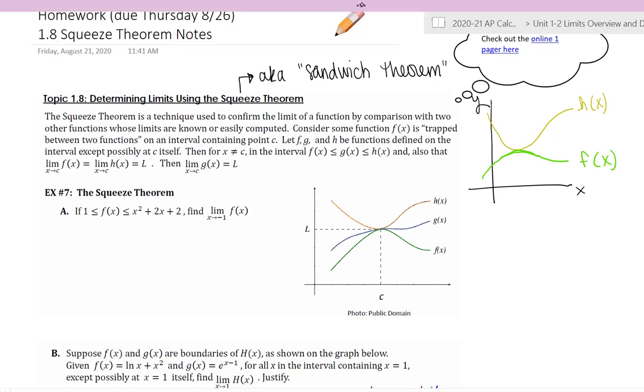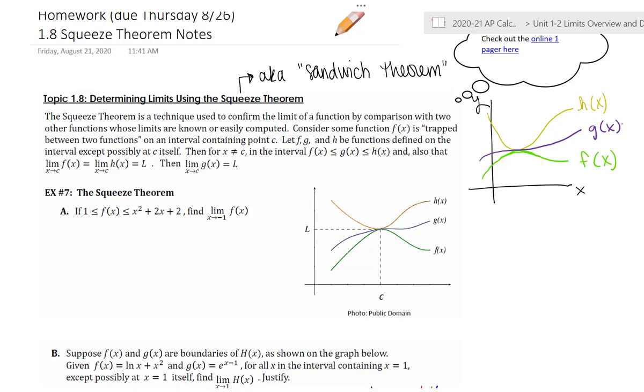And then a function g of x is in between, squeezed or sandwiched between h of x and f of x. If it were a sandwich, the h and f would be the breads and g of x would be the meat. So it's literally squeezed between the other two functions.